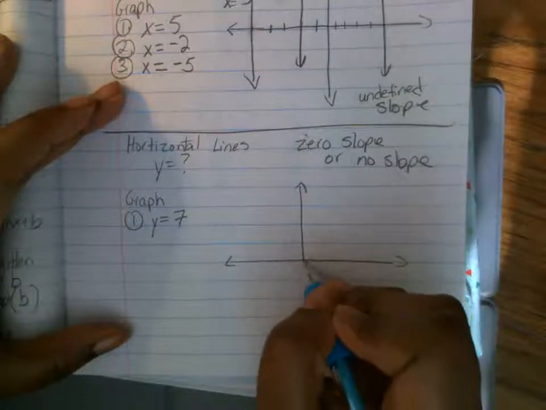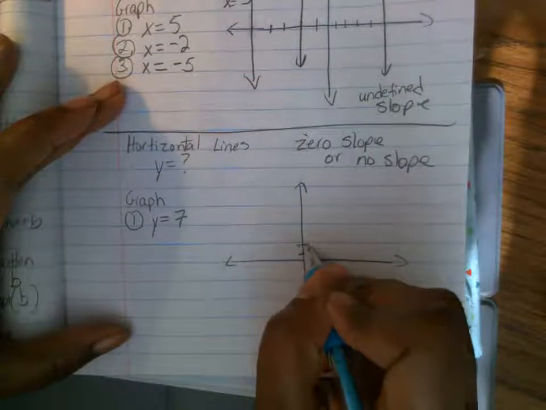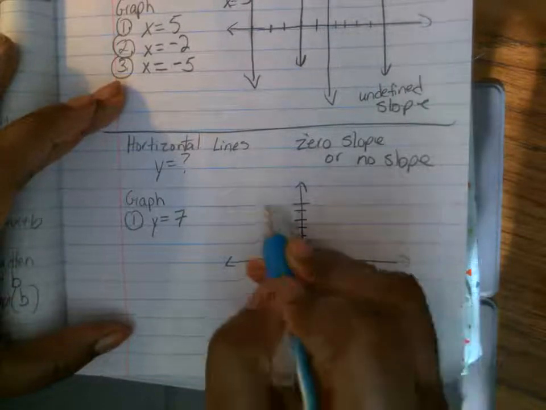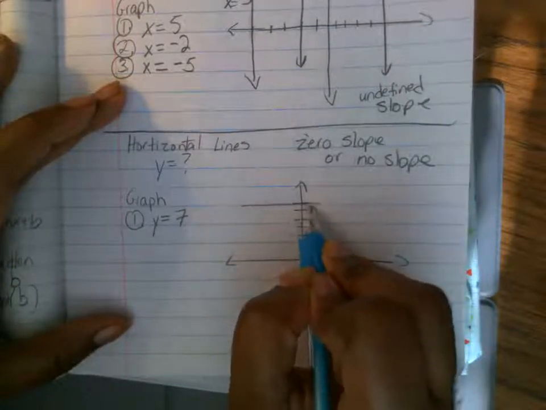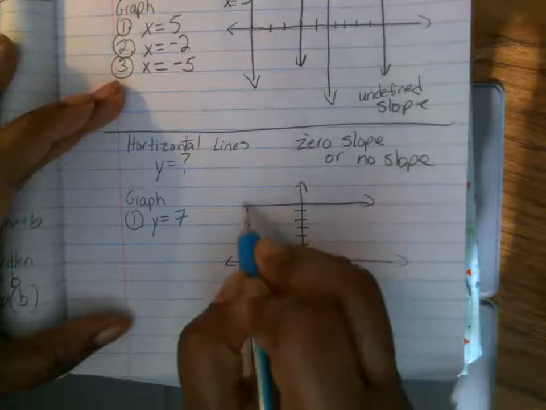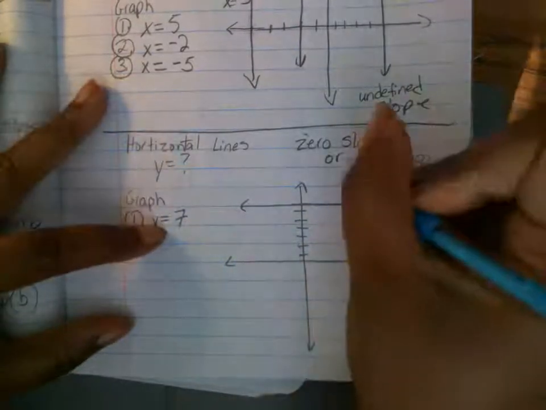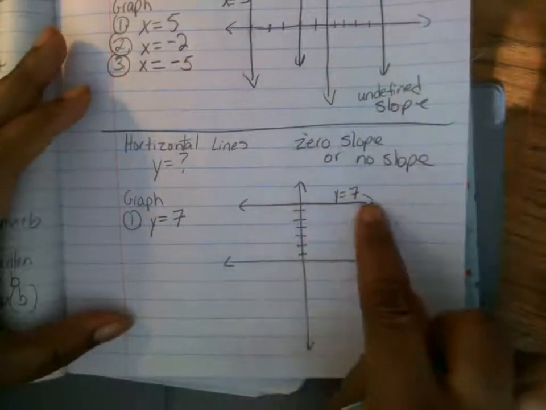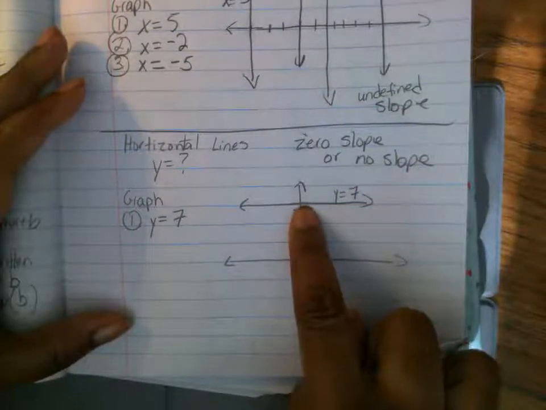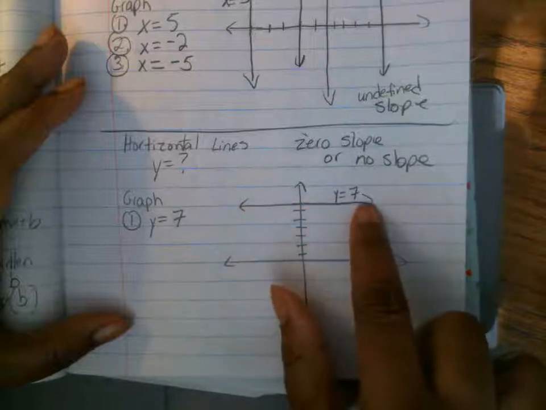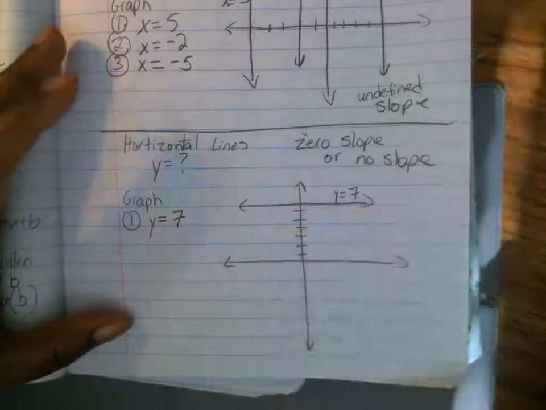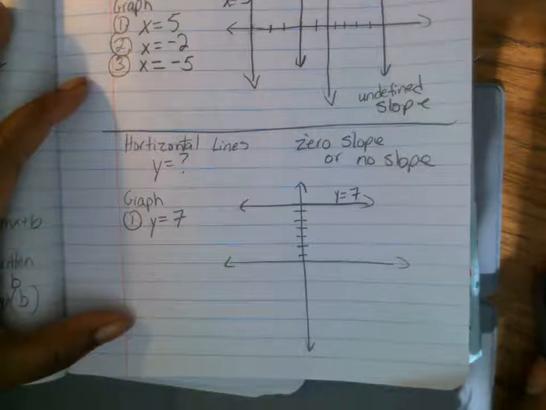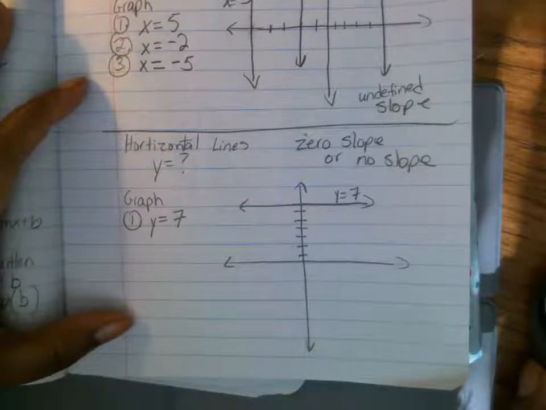Positive 7 is, this is 0. We go up 1, 2, 3, 4, 5, 6, 7. And we're going to draw a line through positive 7 on the y-axis. The equation for this line is y is equal to 7. It goes through positive 7 on the y-axis. This is y is equal to 7. It has 0 or no slope. Questions about that?